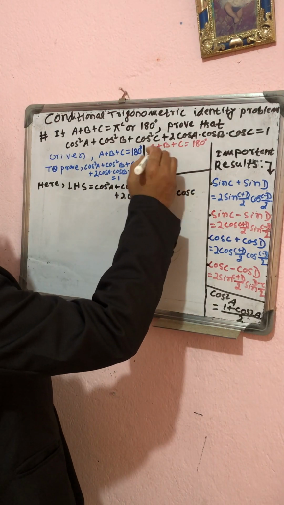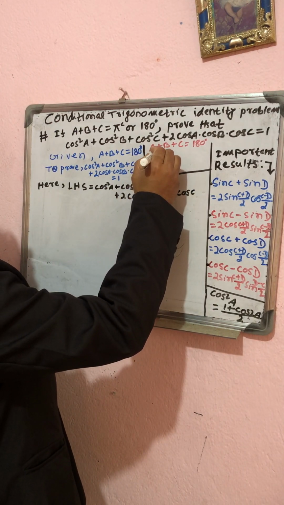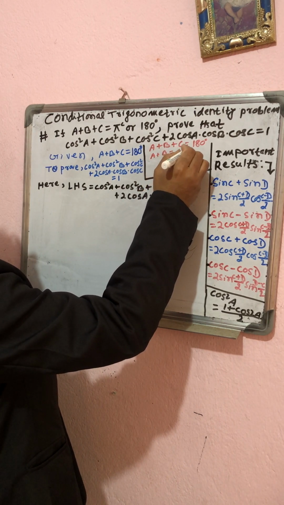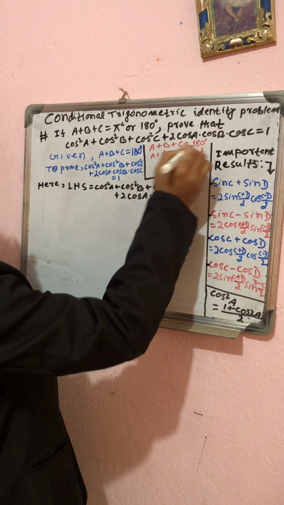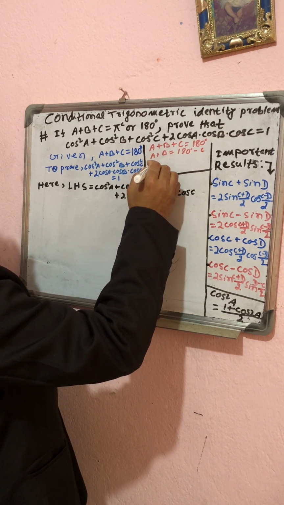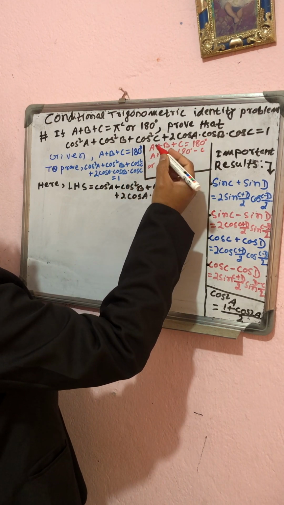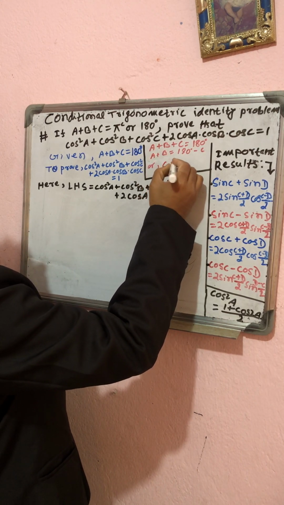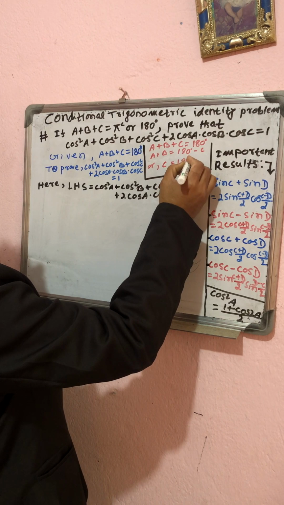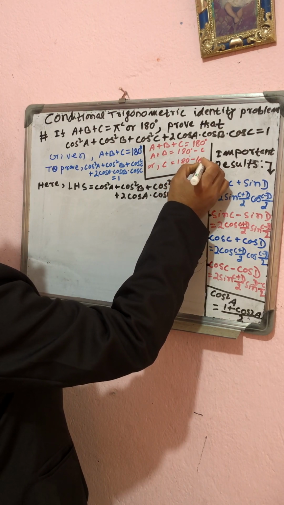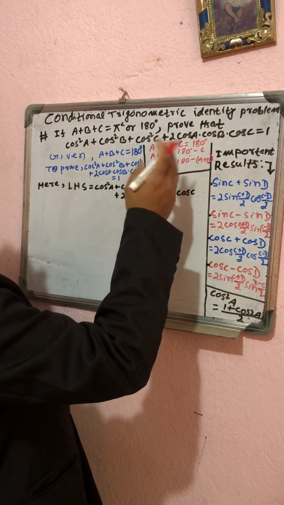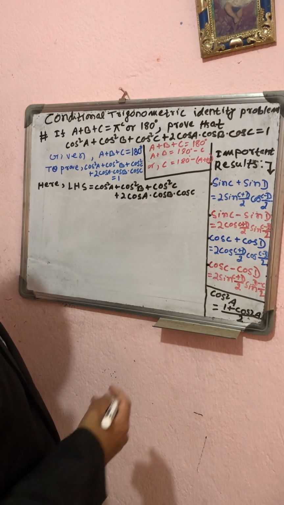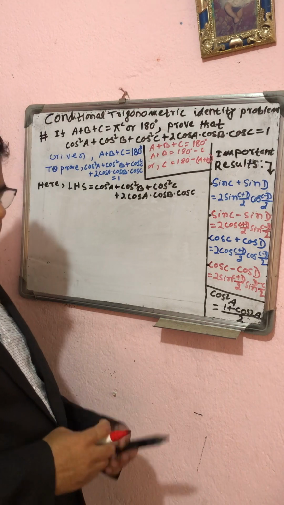If needed you can write a plus b equals 180 degrees minus angle c, or also as needed, if you transpose a plus b to the other side, c equals 180 degrees minus the angles a plus b together. So you can replace the angles under the given conditions as needed.